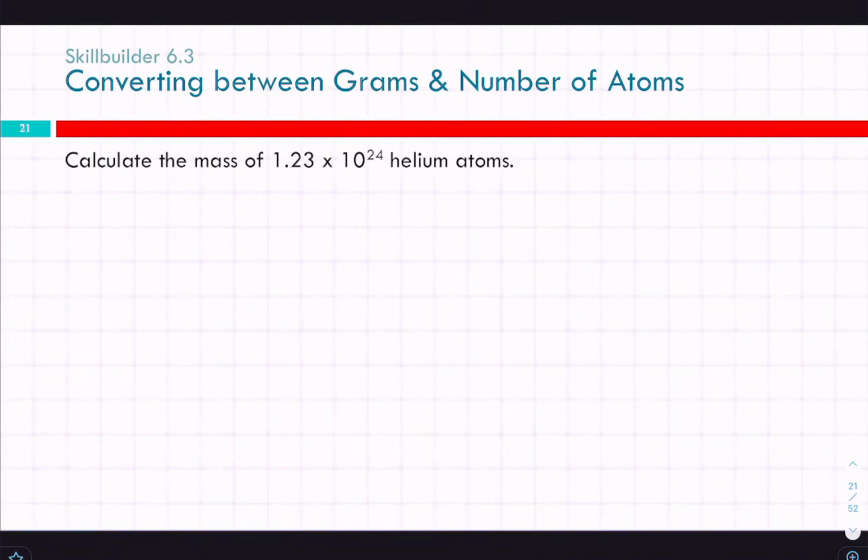Now we're going to calculate the mass of 1.23 times 10 to the 24 helium atoms.